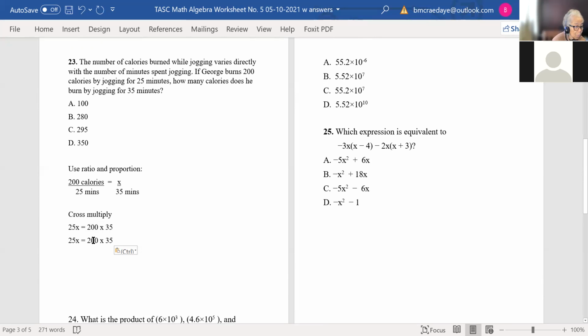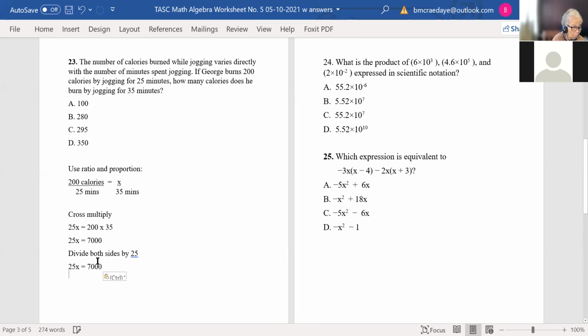Okay, and then what did you do? I divide both sides by 25. Both sides by 25, and that gave you what? 280. Okay, that's your answer. So divide both sides by 25. Let's just do that.